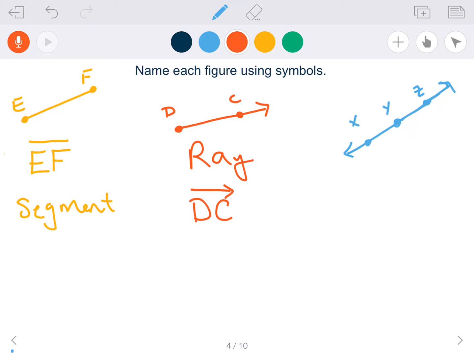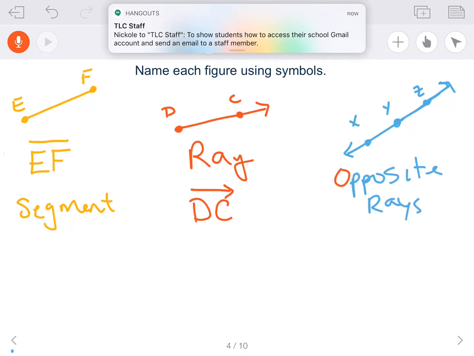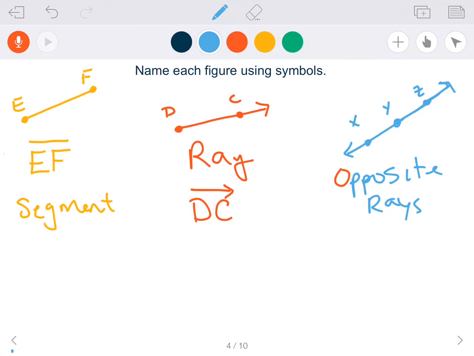This next diagram, we have 3 points on a line. This is talking about opposite rays. There are 2 rays in this diagram. We have ray YZ and ray YX.